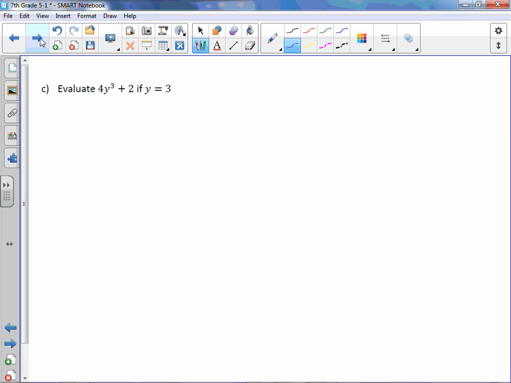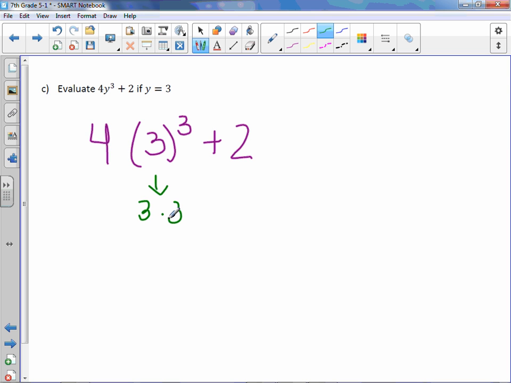Letter C, 4y cubed plus 2. Evaluate when y equals 3. In this expression, we have to do the exponent first. 3 cubed, remember, is 3 times 3 times 3, which is, 3 times 3 is 9, and then times 3 again is 27.